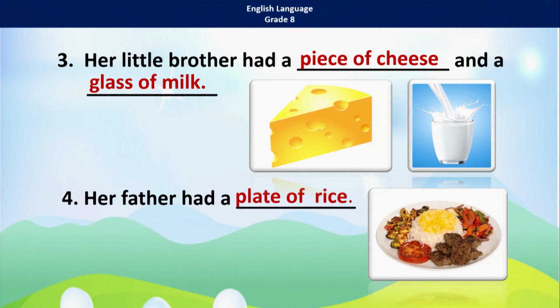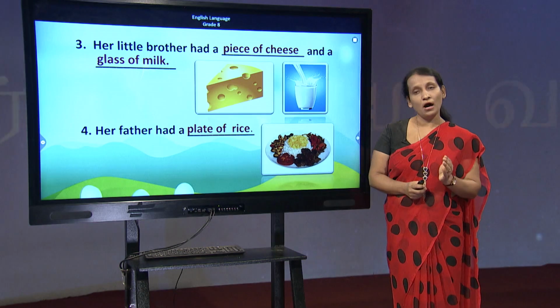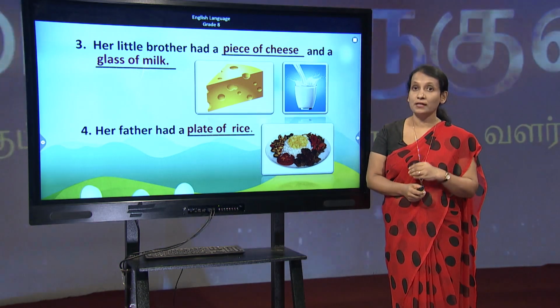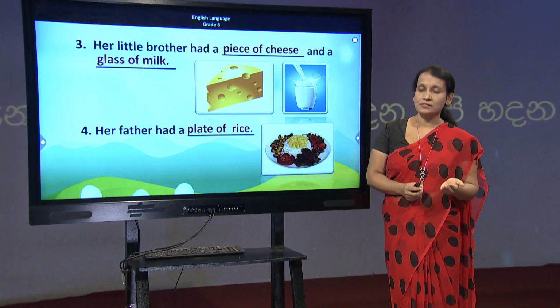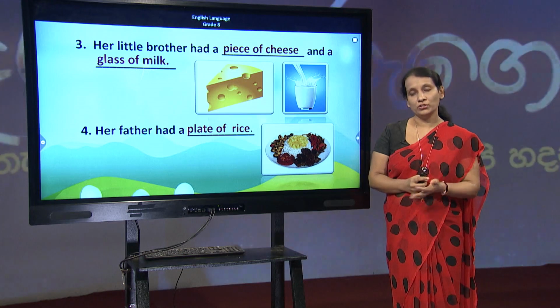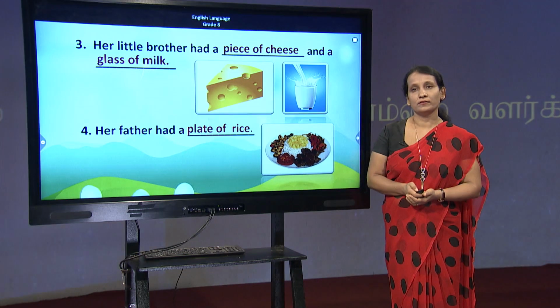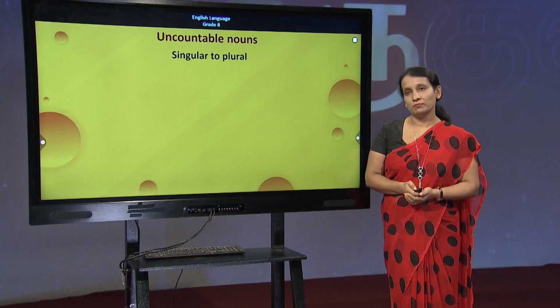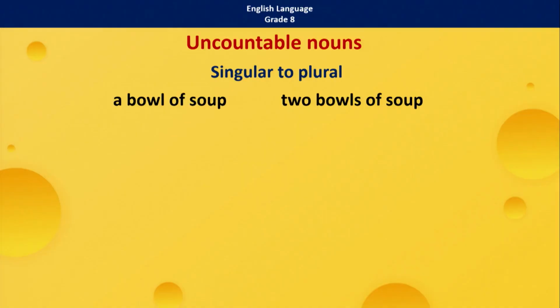Now children, earlier we discussed how a countable noun can be pluralized. In these 2 slides, we discuss how we can form an uncountable noun into plural. I think you all can understand. Uncountable nouns, singular to plural. A bowl of soup becomes 2 bowls of soup.